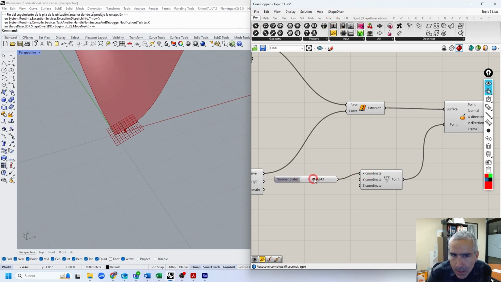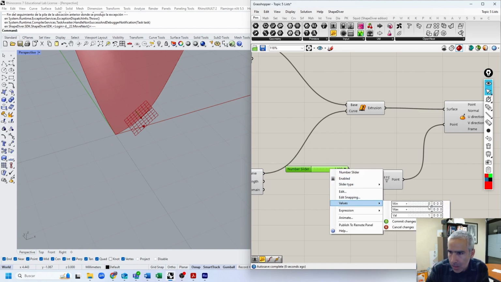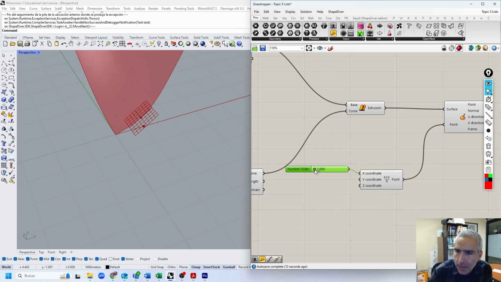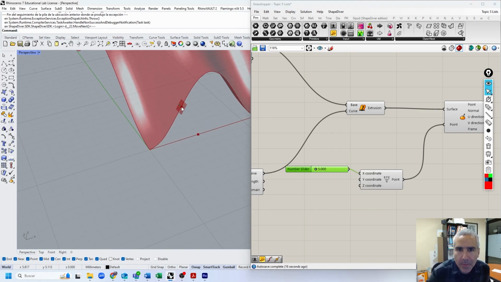change this, for example, this is the one coordinate. Remember that we had t equals 5. Let's just go to 100 over here, and let's just go to 5 here. So remember that we have t equals 5 here. What that means is that on the surface, we're moving 5 units here.